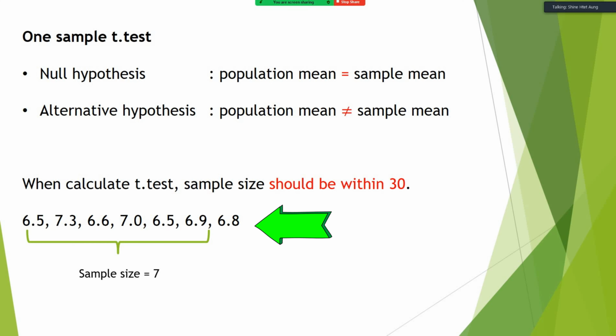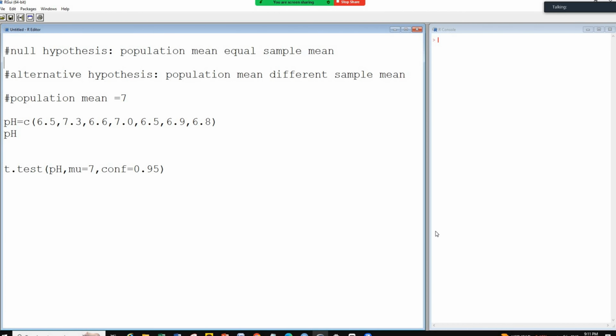So I have already explained what the one sample t-test is and what kind of data we need. Let's go to the R software. Here I have already written the function, but I will explain it one by one. As I mentioned, the null hypothesis is that the population mean and the sample mean are the same.